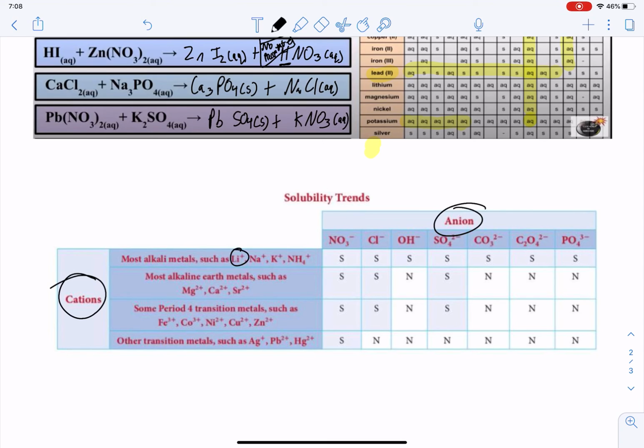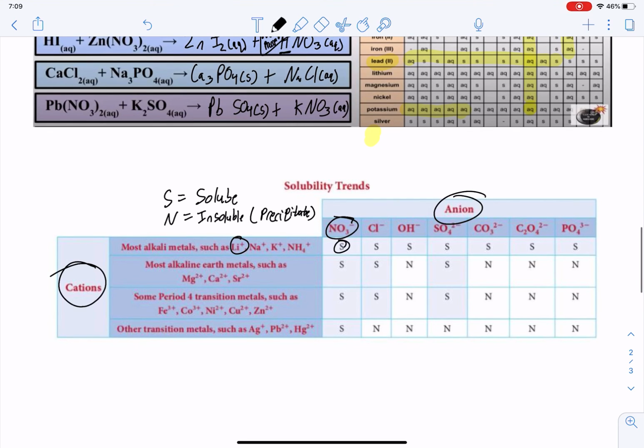And whenever we say something like lithium and we combine it with nitrate, we can see that does form soluble. So basically we can use this to determine if it's going to form a precipitate or not. So S stands for soluble, and then N means insoluble, which means a precipitate or solid will form.